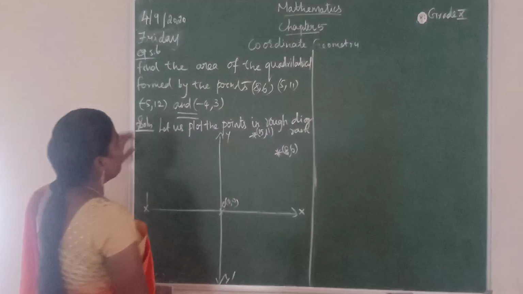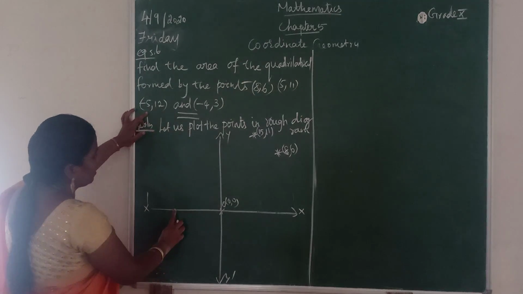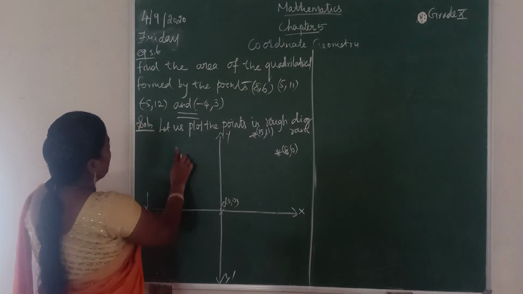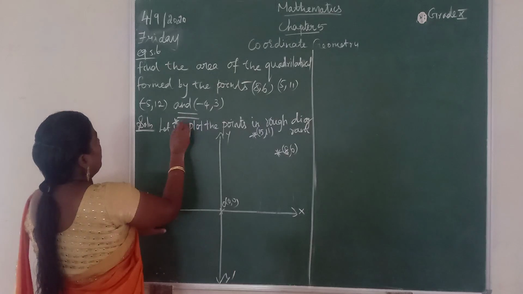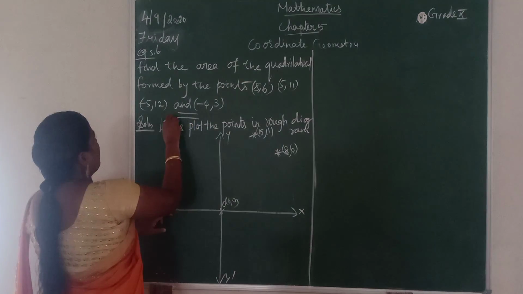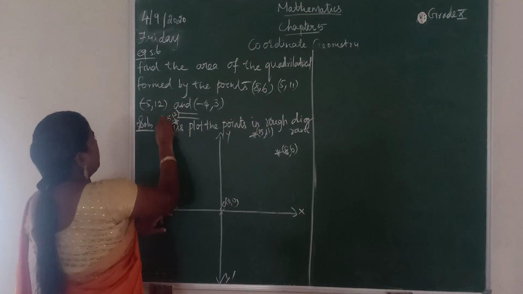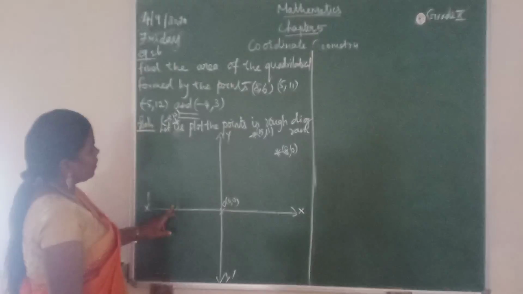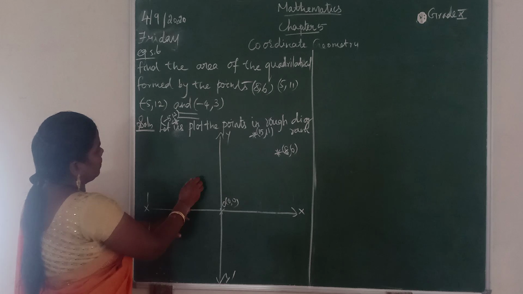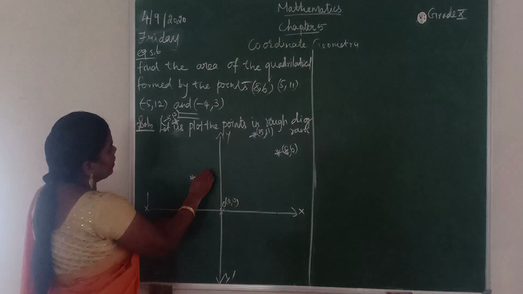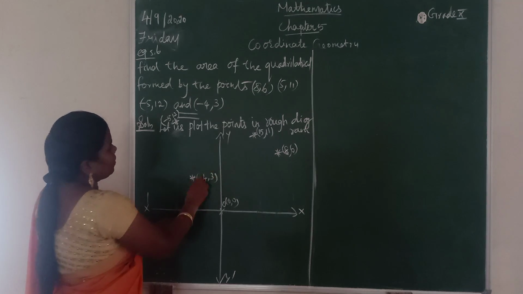Next point (-5, 12), and next (-4, 3). We plotted 4 points.